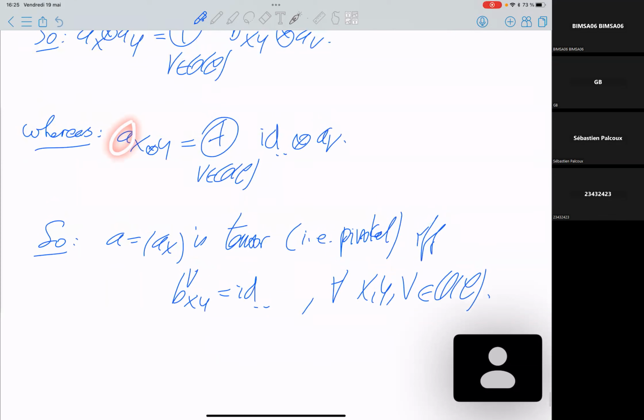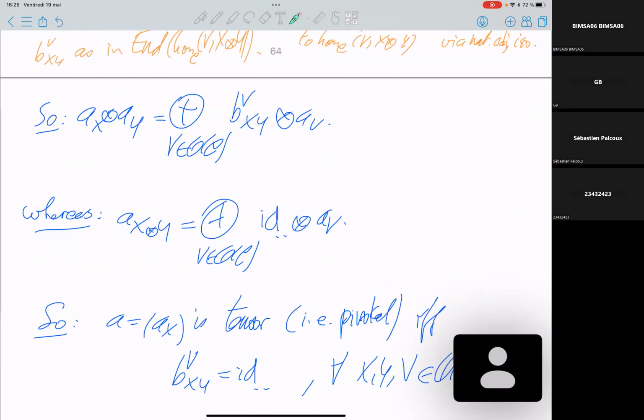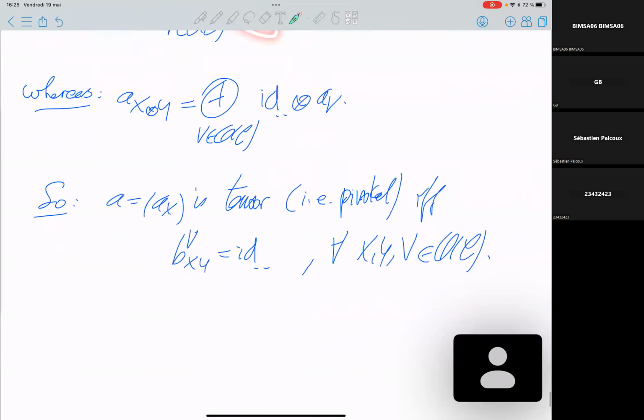Okay. So this is the precise way to say when the natural isomorphism between the identity and the double dual is tensor, is pivotal. You need this component to be identities.